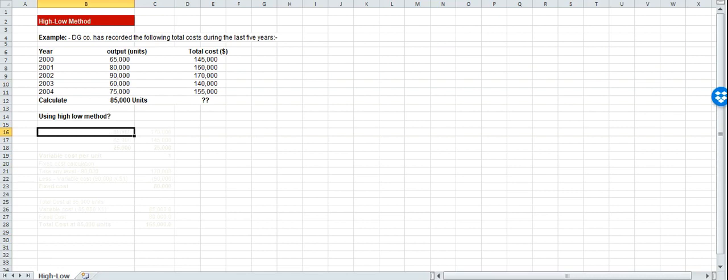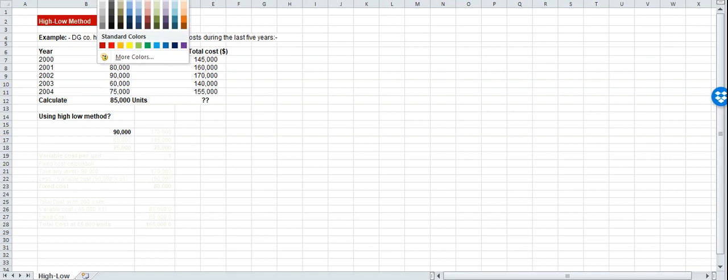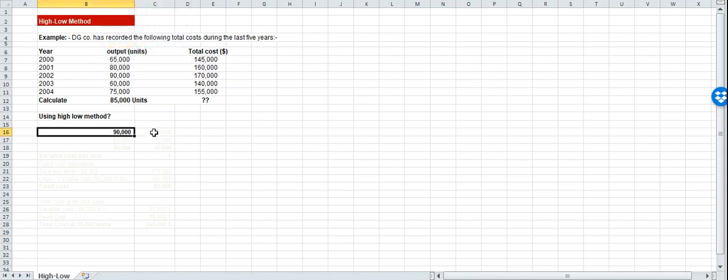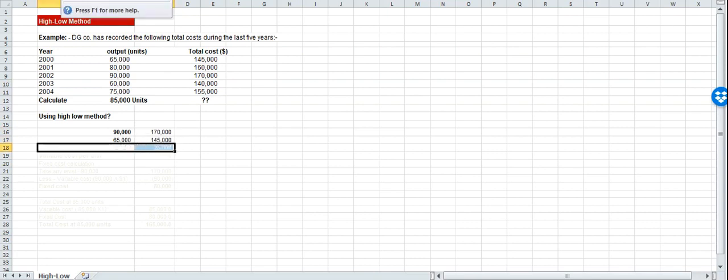So let's take, at the highest output level, what is the total cost? Which is 90,000 output, the cost is 170,000. And the lowest output level is 65,000 and the total cost is 145,000.